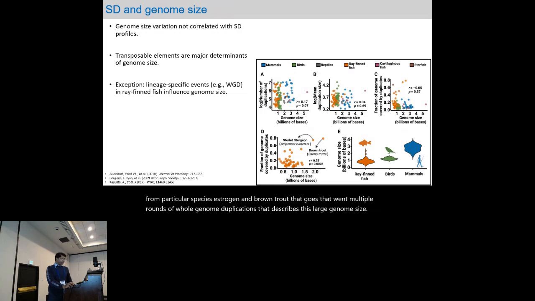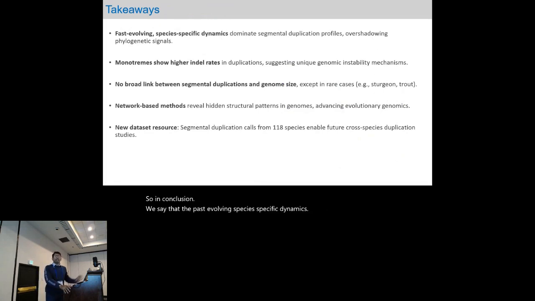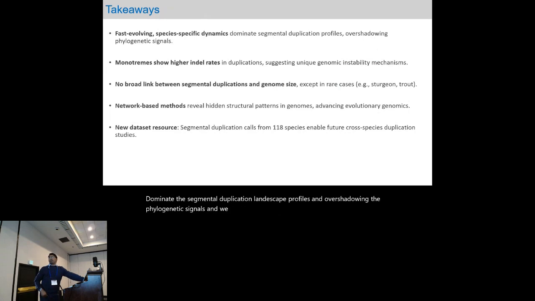So in conclusion, we say that past-evolving species-specific dynamics dominate the segmental duplication landscape profiles, overshadowing the phylogenetic signals. We found a particular group in mammals, monotremes, that shows high correlation, but that comes from insertion-deletion procedures.